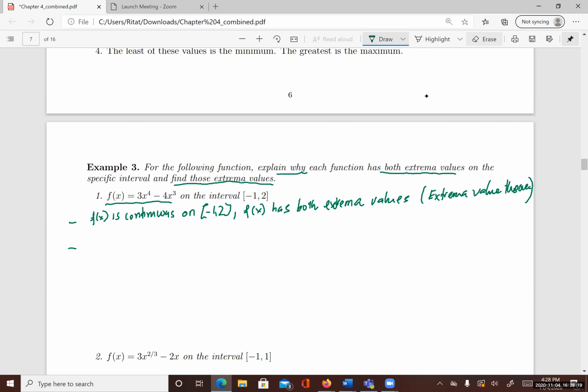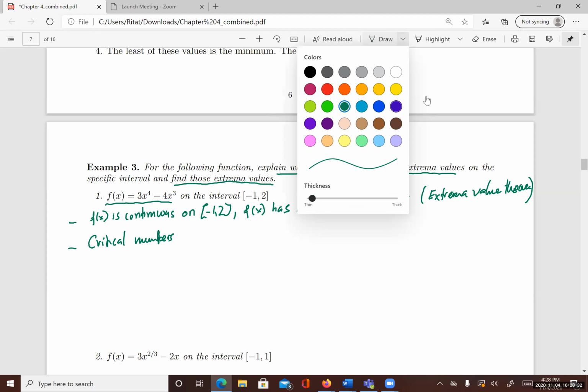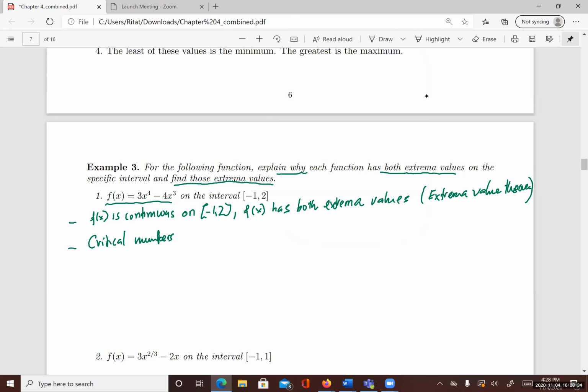So we're following the steps. First, find critical values or critical numbers. How do we find critical numbers? We need to find the derivative of f. F prime of x is 12x cubed minus 12x squared.